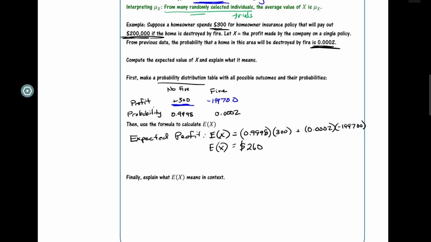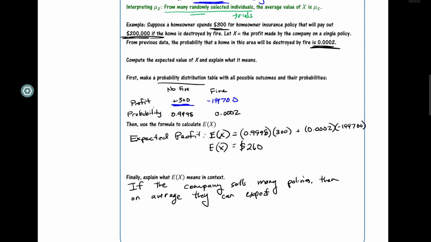Well, if the company sells many policies, then on average, they can expect $260 in profit per policy. And that's what's really important here: we are looking at this in terms of per policy, not just on any one policy, right?